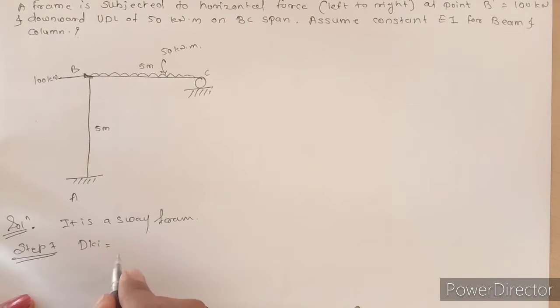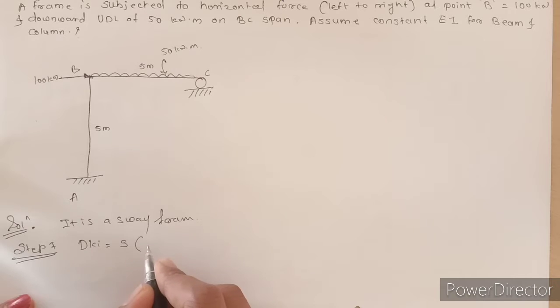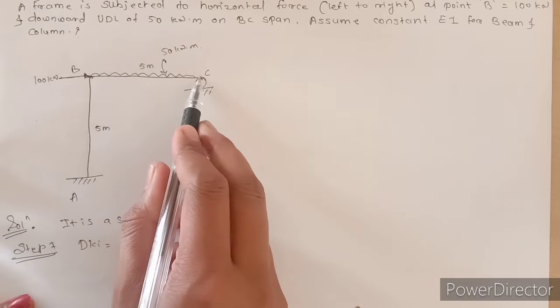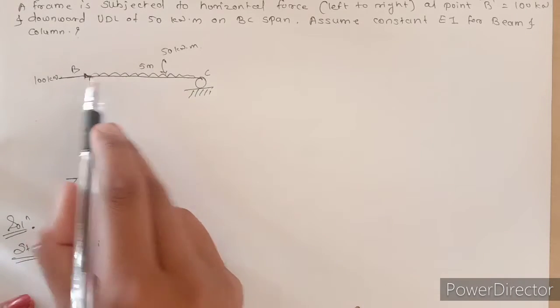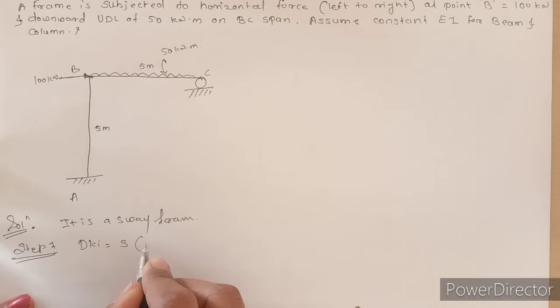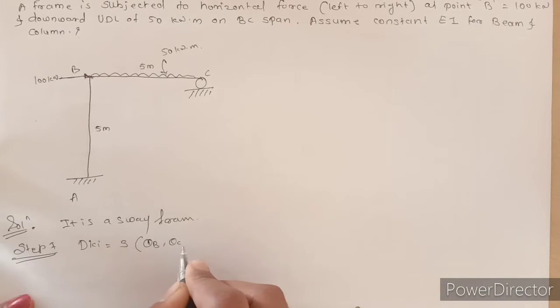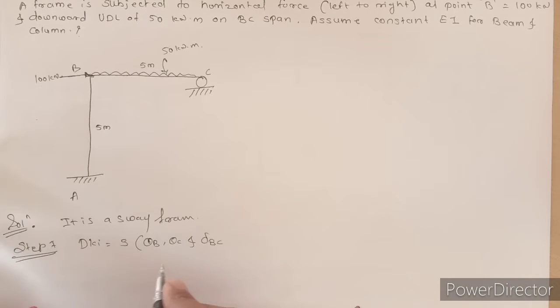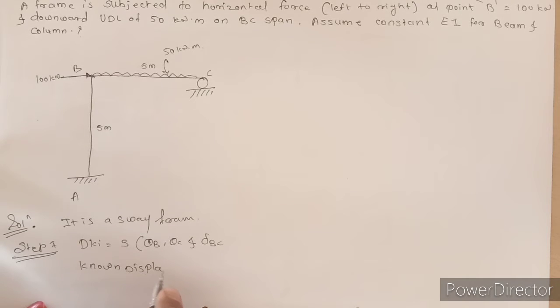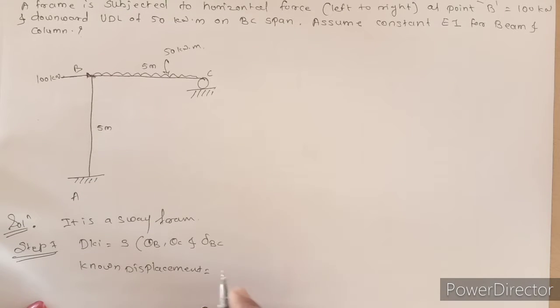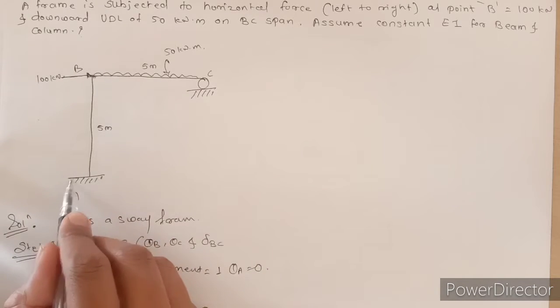Here DKI is equal to 3, that is, unknown displacements are 3: theta B, theta C and delta at the BC portion, because of the sway frame. The known displacement is 1, that is theta A equal to 0, because of the fixed support.